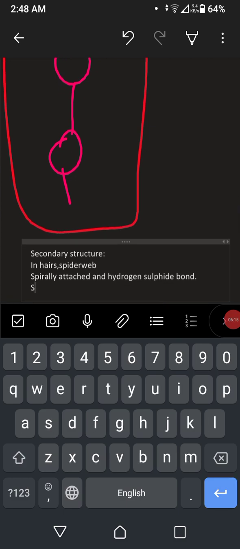The purpose of sulfur is to give support to turn around.